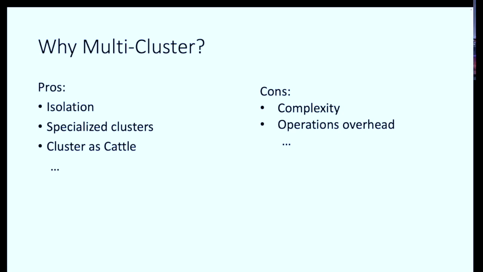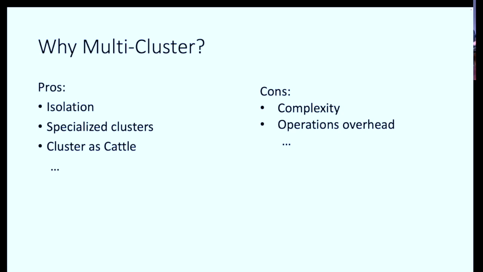We can just throw them away if they're not working and then start up a new one if we need it. That makes it much easier if you want to do upgrades which require more hands-on. There we can just throw it away, move all the workload, and we have a new cluster. It's still a work in progress, but we're getting there.